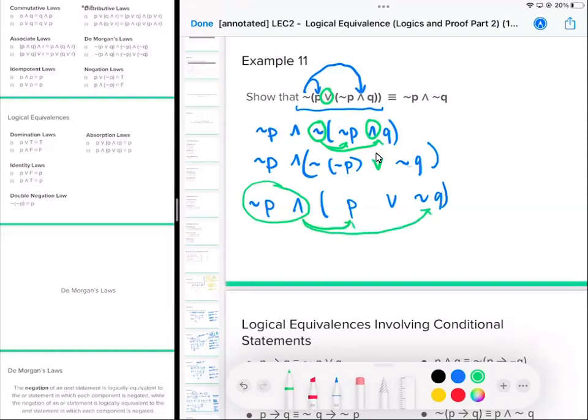So this will result to not P and P, then copying this, or, and then not P and not Q. The not P and P will result to false, or not P and not Q. Not P and P results to false using the negation law.